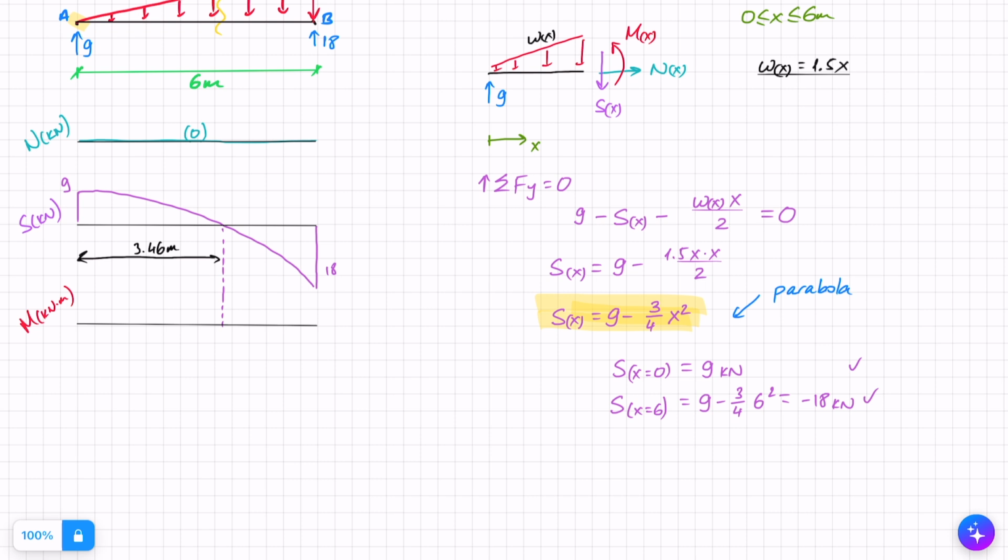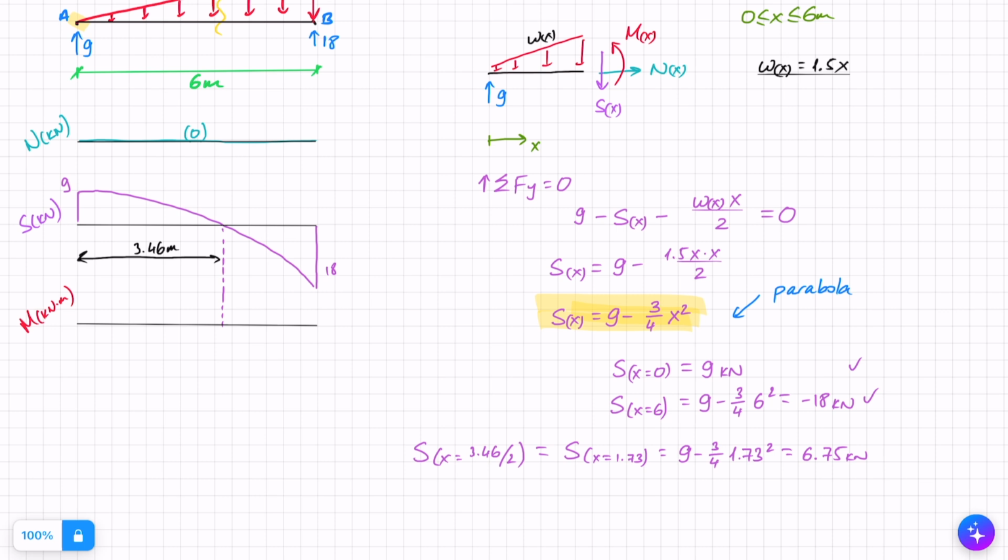So when x equals 3.46 divided by 2, that means what happens when x equals 1.73. Let's see. So I've got 9 minus 3/4 of 1.73 squared. And if I quickly calculate that, that works out as roughly 6.75 kilonewtons.